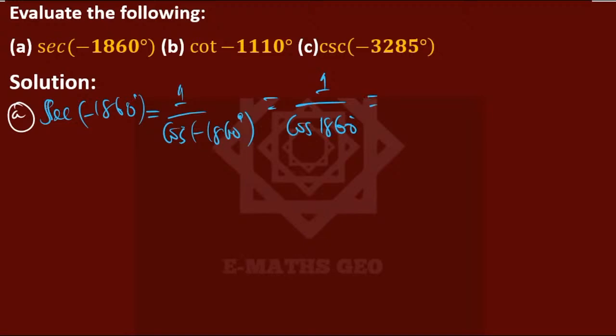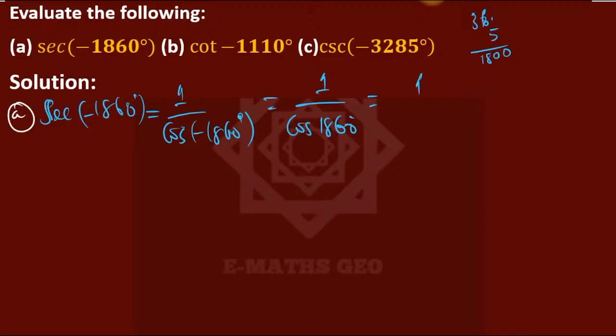So now this is where we apply the periodic identity. We check how many 360s are here. We have 1860. How many 360s will be there? Remember, we're not using a calculator. If I multiply 360 by 10, I have 3600. Okay, let's make it multiplying by 5. I have 1800. You see?